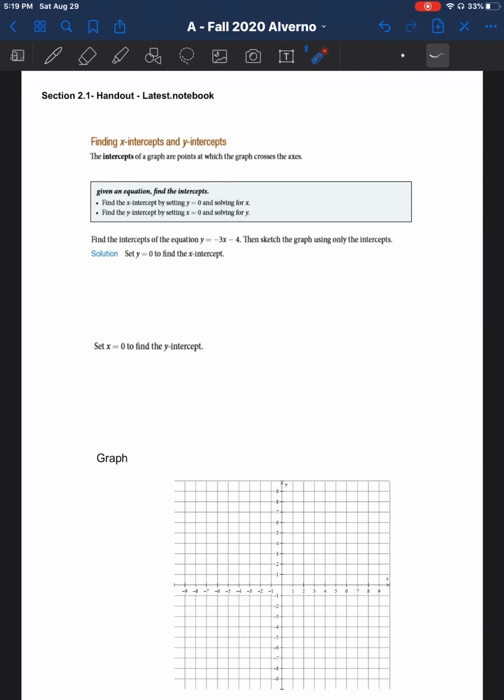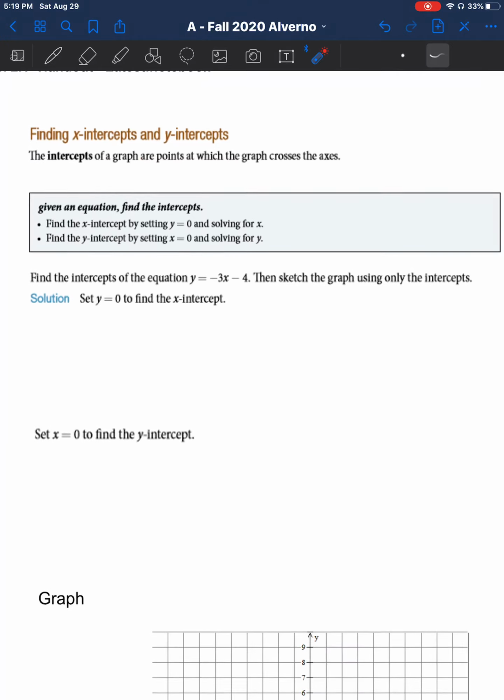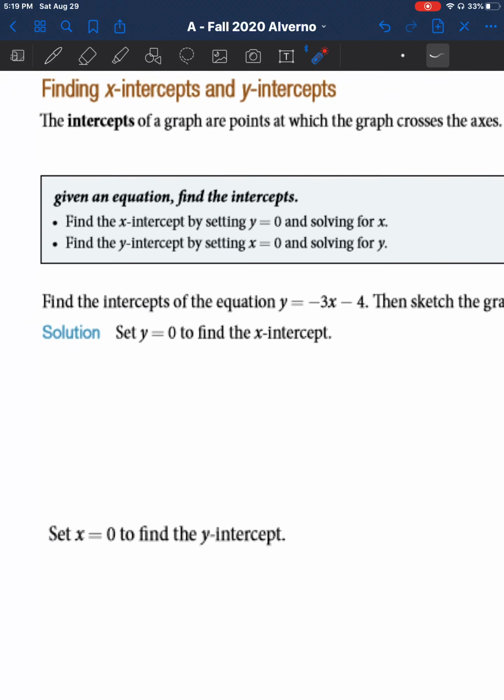So how do you figure that out? If we want the x-intercept, that means the line crosses the x-axis, so y has to be 0. If we want the y-intercept, where the line crosses the y-axis, then x has to be 0. In order to find the intercepts, we use this information.